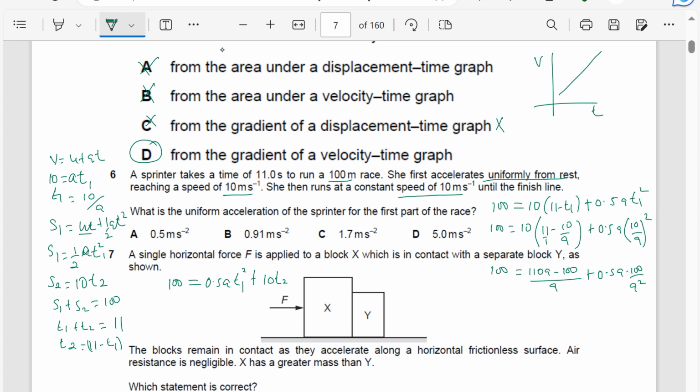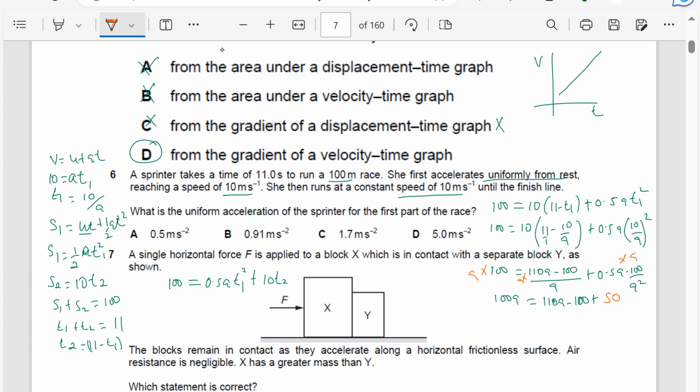So I multiply everything by A. This side becomes 100A equaling 110A minus 100 plus, multiplying everything by A, 0.5 A squared over A squared, which just becomes plus 50.